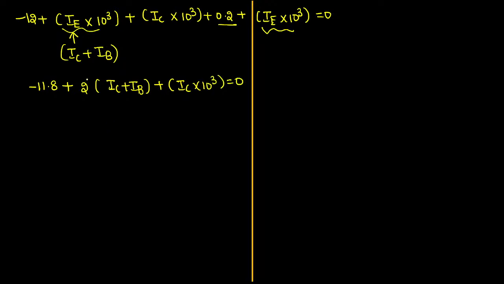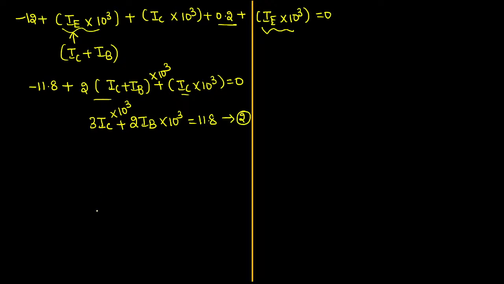Now add, 2 times IC plus IC will become 3 times IC. Finally, I can write 3 times IC plus 2 times IB into 10 power 3, both are having 10 power 3, equal to 11.8 voltage. Treat this one as your equation number 2.